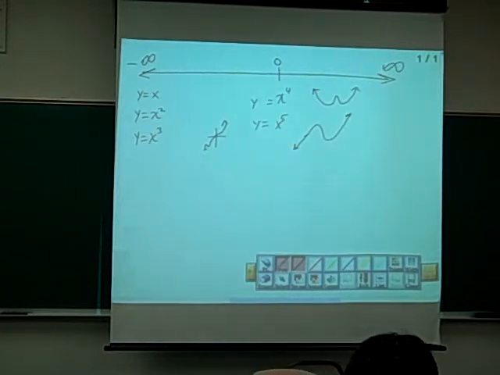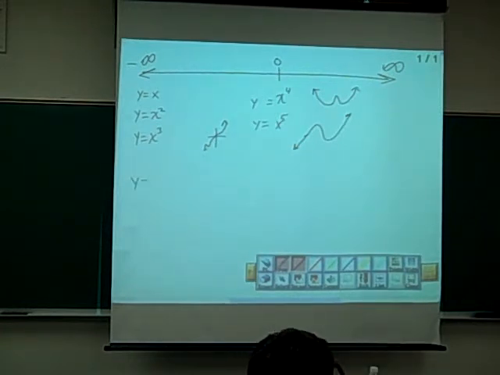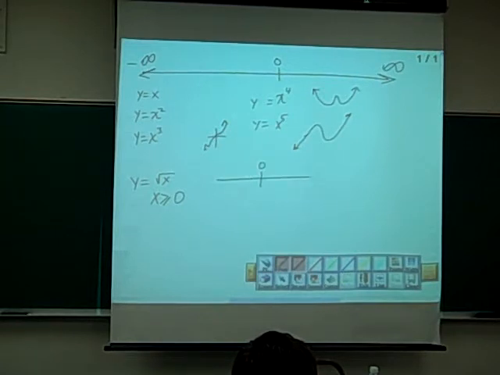Now what is not negative infinity to infinity? When you have y equals the square root of x, you cannot have a negative radicand. So you have to set the radicand greater than or equal to 0, because the square root of 0 is just 0. So it's going to be closed at 0, and x is greater than or equal to 0 goes to the right, to infinity.